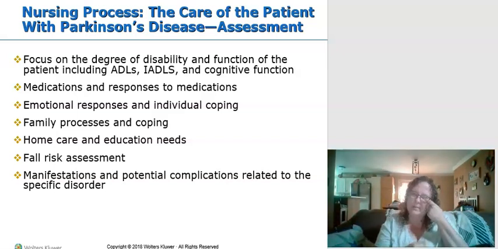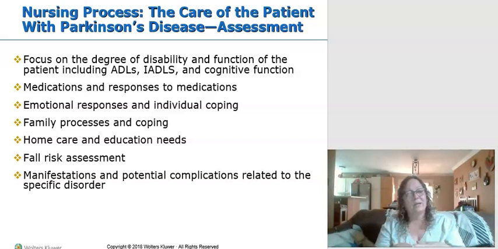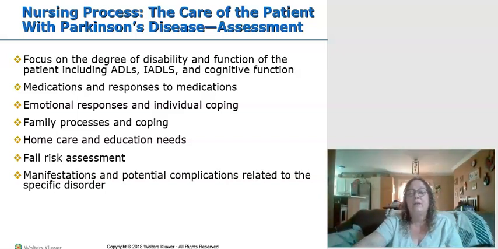This is huge. Remember, falls are considered a nursing quality indicator. So we need to be preventing these as much as possible. And then we need to assess the manifestation of potential complications related to this specific disorder.